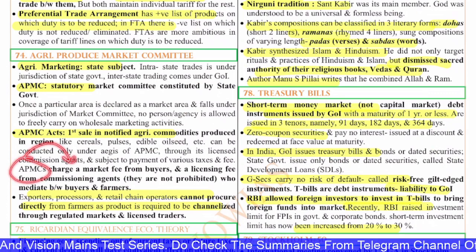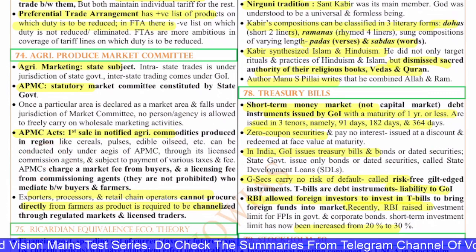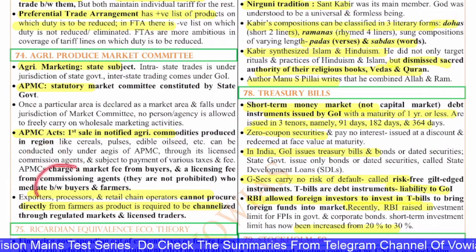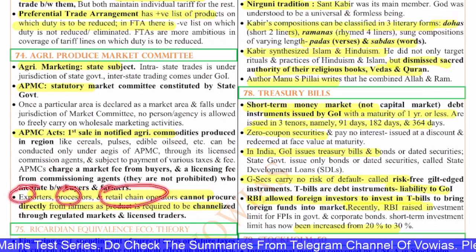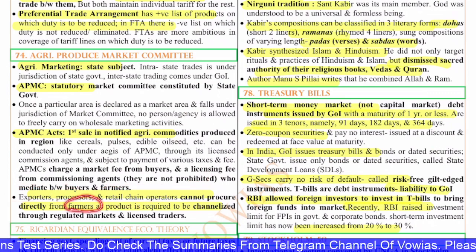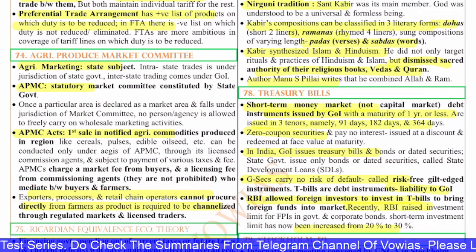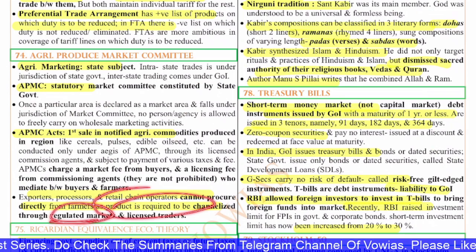APMCs charge a market fee from buyers and a licensing fee from commission agents who mediate between the buyers and farmers. Exporters, processors and retail chain operators cannot procure directly from farmers, as produce is required to be channelized through regulated markets and licensed traders.